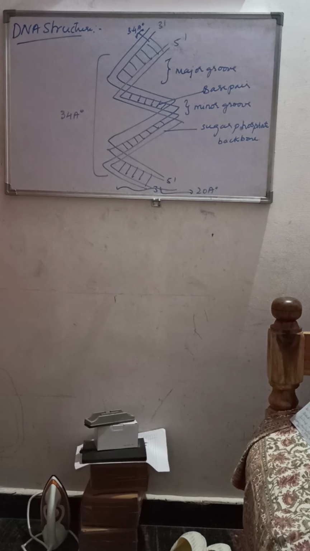Watson and Crick proposed a model for the DNA structure, called the double helical structure of DNA.